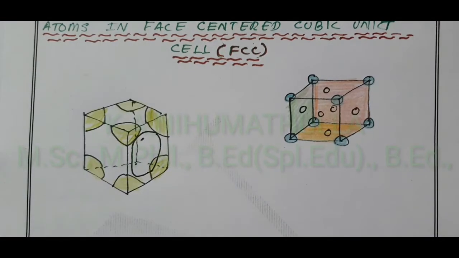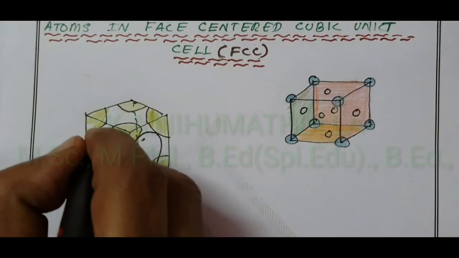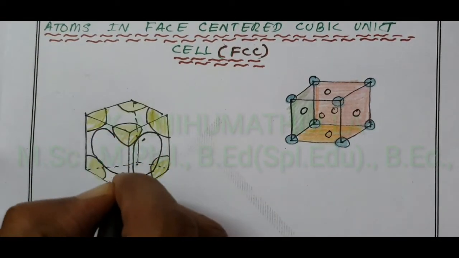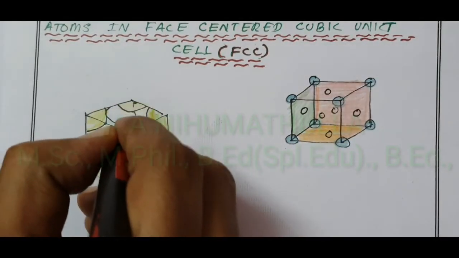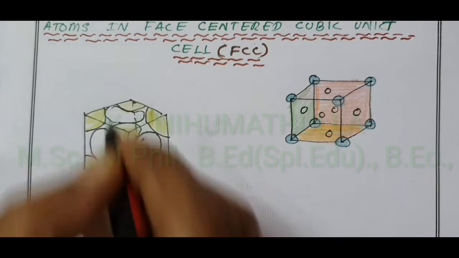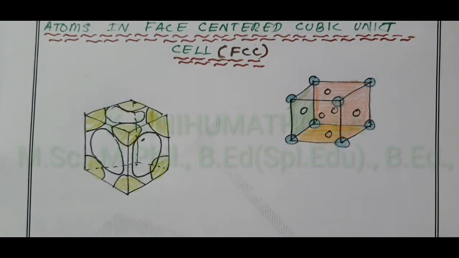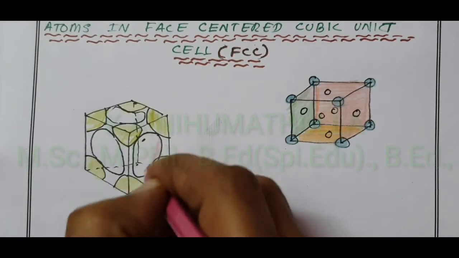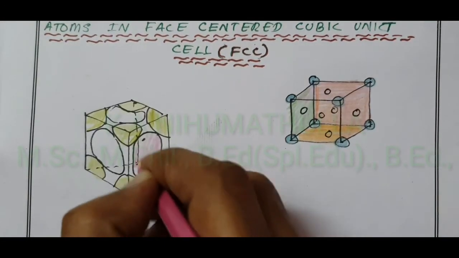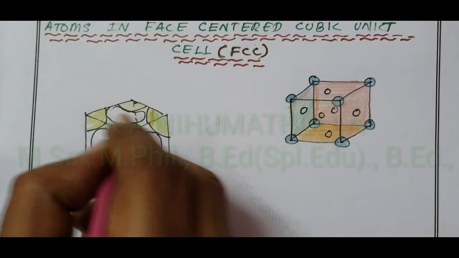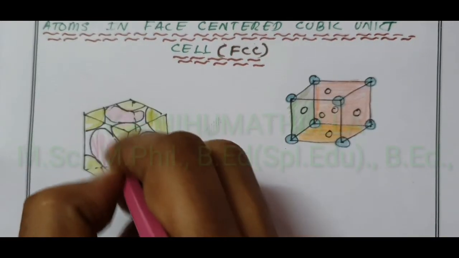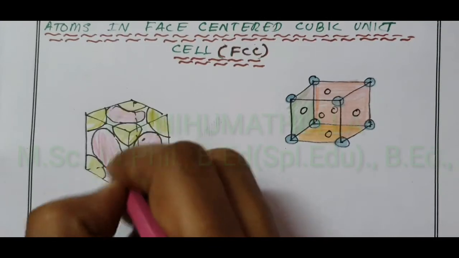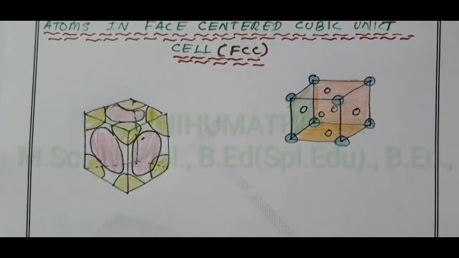Here also one face centered atom covering all these, and here covering all this part there is one face centered atom. Other parts are hidden parts. We cannot see the other part of the face centered atom, it is a hidden part. So these are the face centered atoms in FCC.